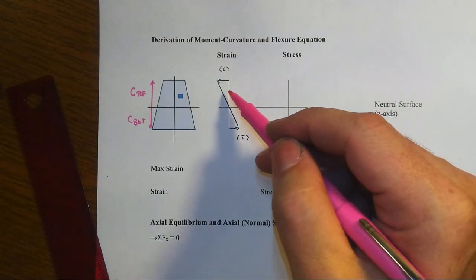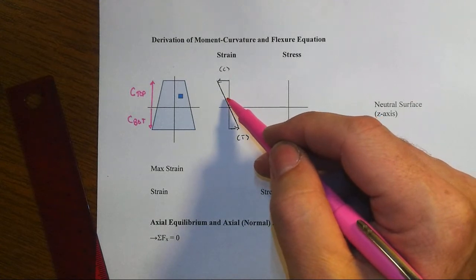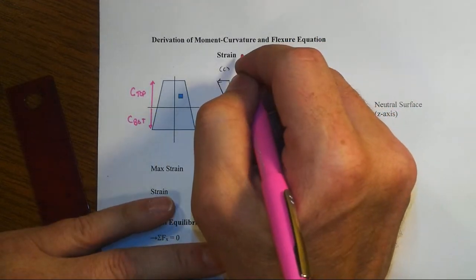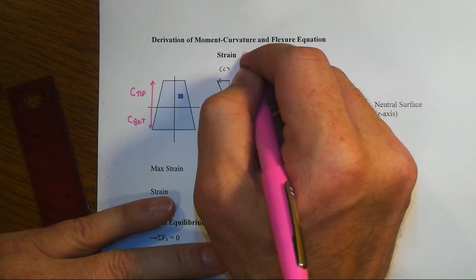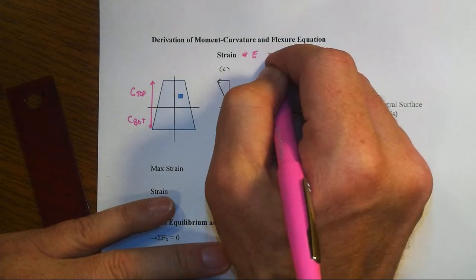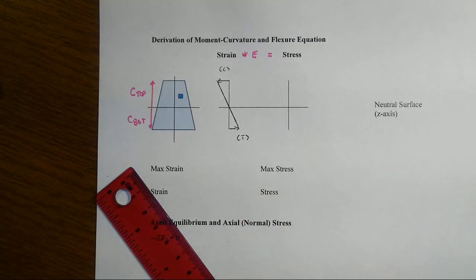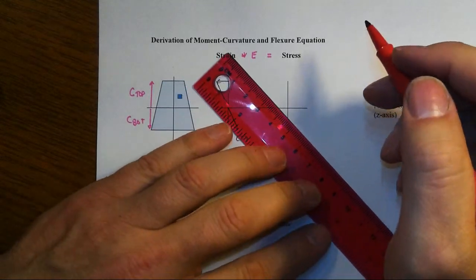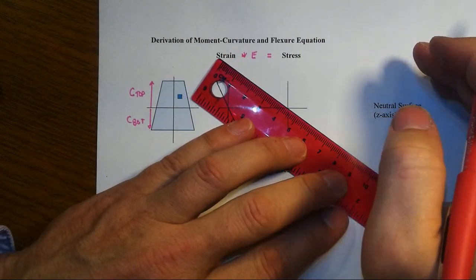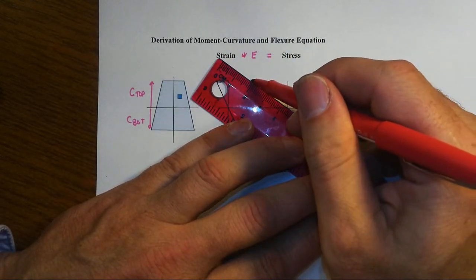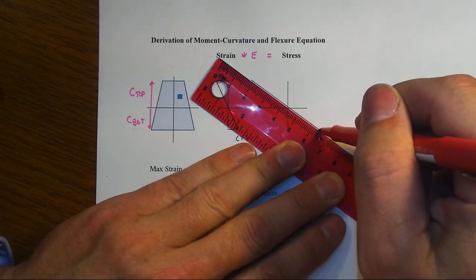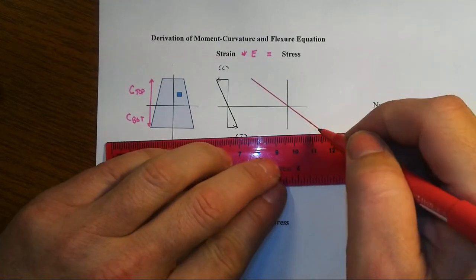Right? And so as we go then from taking the strain and thinking about stress, remember Hooke's law, elastic behavior, all we have to do is multiply by the elastic modulus, and we have a stress diagram. So, hey, if the strain is a linear variation throughout, well, so will the stress. It'll just be in a larger scale.